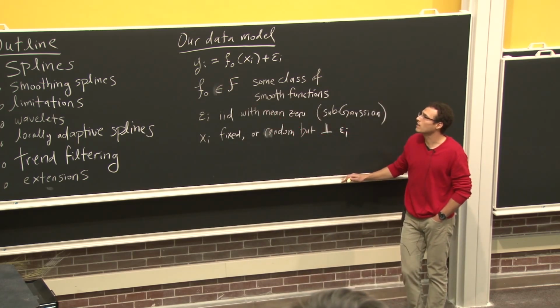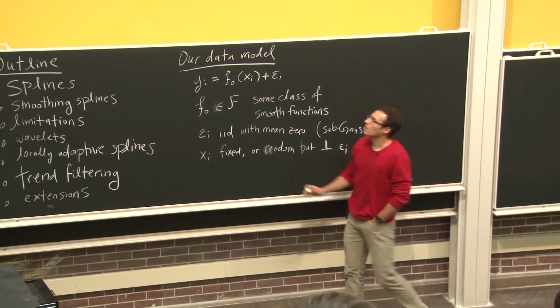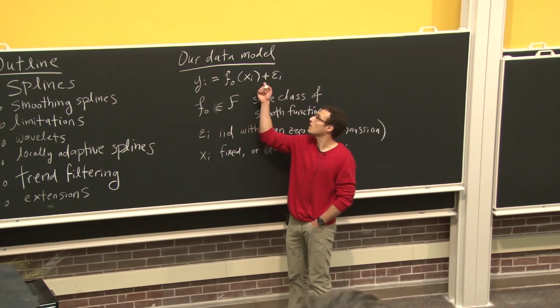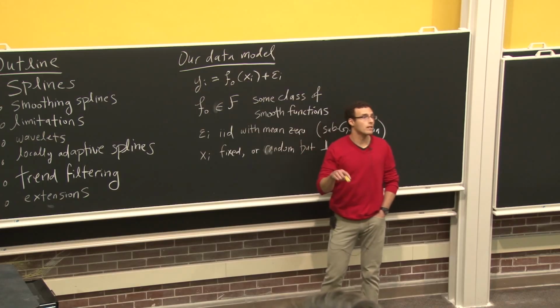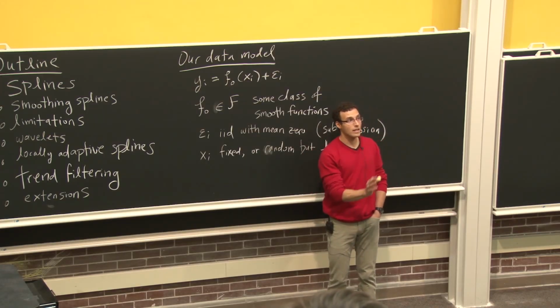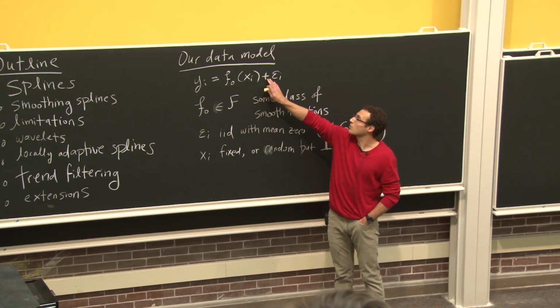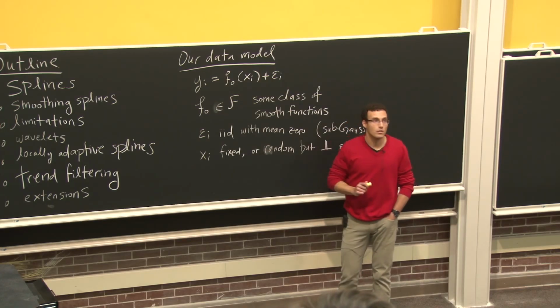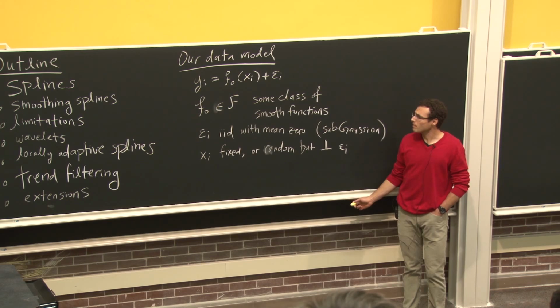As Larry, I think, taught, you can always write a relationship between yi and xi in this form, where epsilon i has mean 0, just by taking f0 to be the conditional mean of y given x. If you define f0 to be the conditional mean of y given x, then I can write epsilon i as the residual in this equation, and it would have mean 0. So there's no loss of generality in writing down this data model.